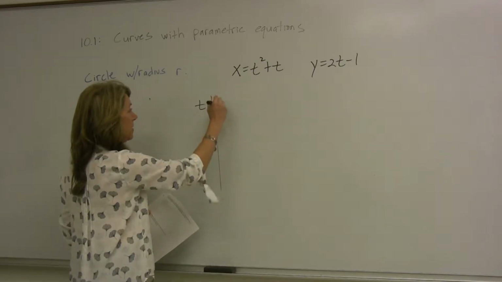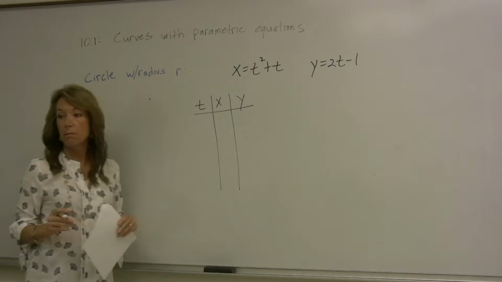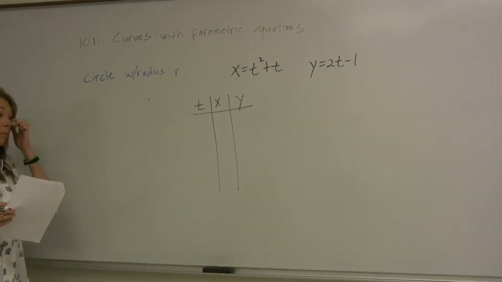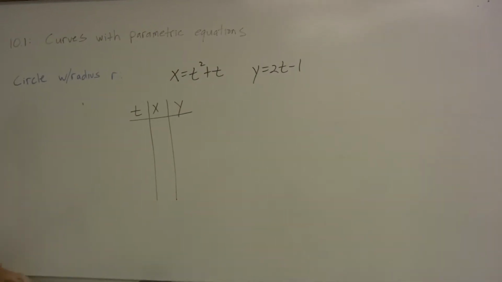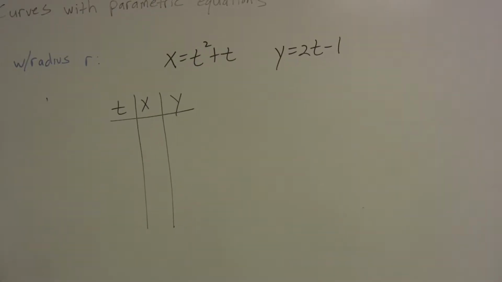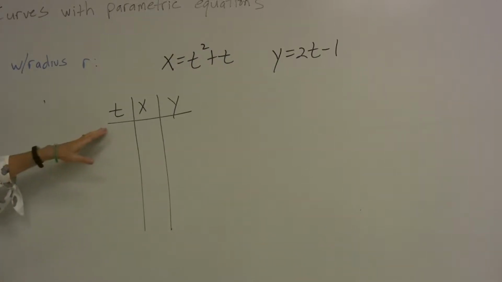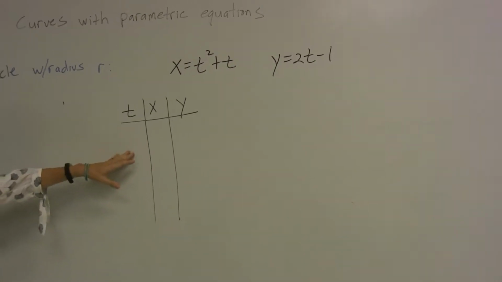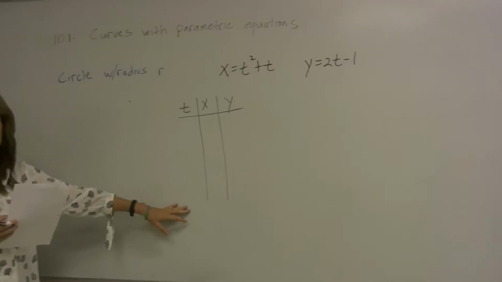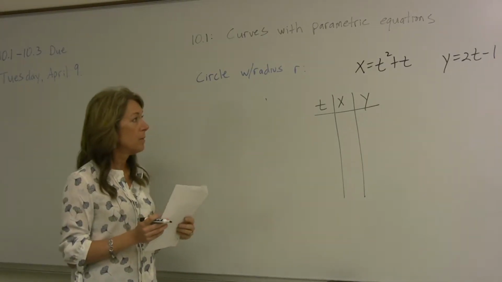So I need, again, some t's, some x's, and some y's. I'm not going to pick angles that are nice for sine anymore. I don't have to have zeros and pi's over 3's and pi over 6's. I just need to pick some t's, and I like to put them in increasing order because that will help me make sure I draw my curve in the right direction.